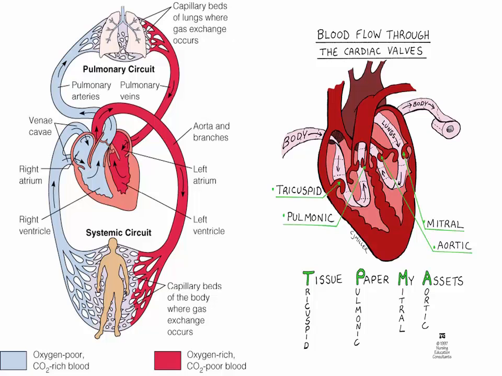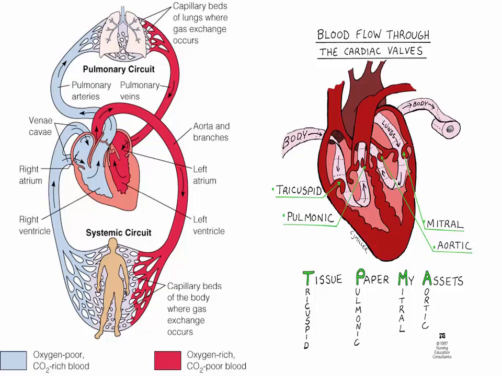The pulmonary artery carries deoxygenated blood from the right side of the heart to the lungs, where it's oxygenated, and then returns to the left side of the heart to be circulated throughout the body. Veins return blood to the heart and generally are deoxygenated, except for the pulmonary vein, which comes directly from the lungs and so is highly oxygenated.